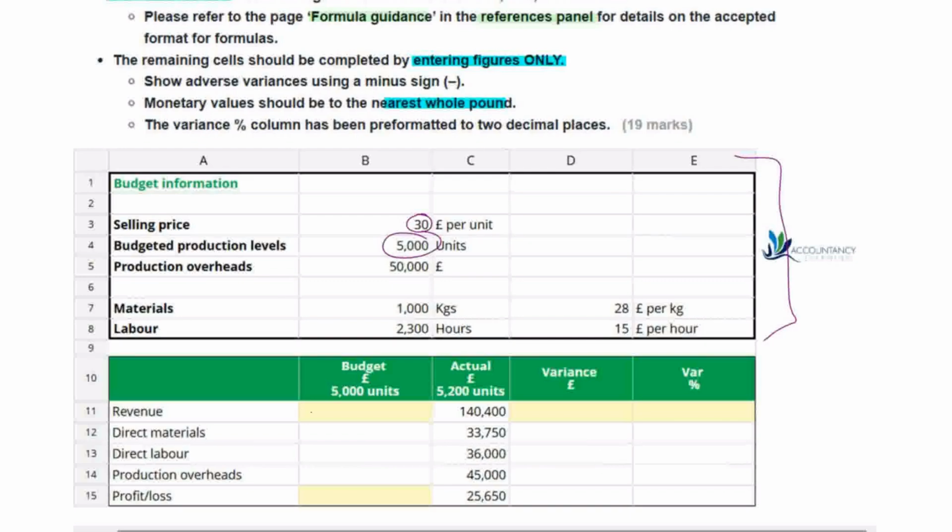So you'll type in equals B3 multiplied by B4. That will then give you 150,000. But you'll be marked on using that formula.